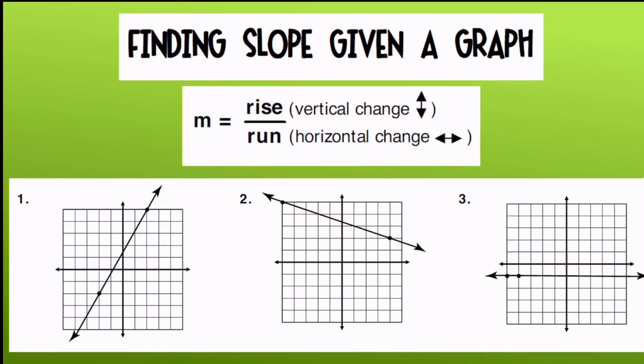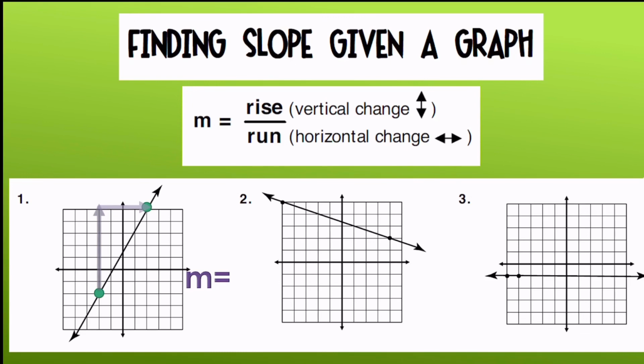Remember, slope is our rise over our run. It's the vertical change, meaning we're going to go up or down, over our horizontal, left to right. So here's how we do this. We take one point and we move to the next point. So I'm going to rise and then I'm going to run, okay? So write your m, because slope is m.